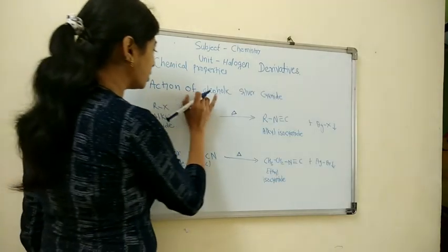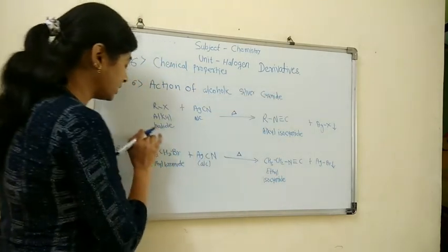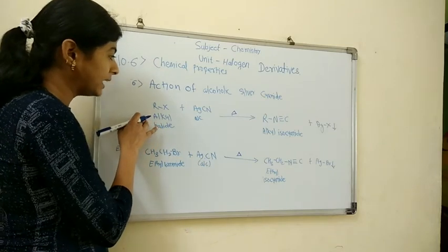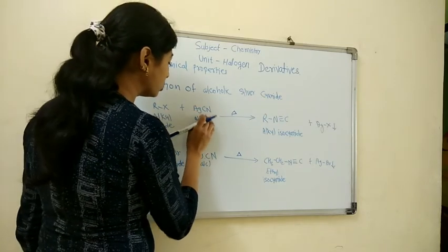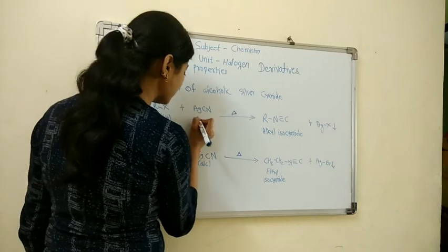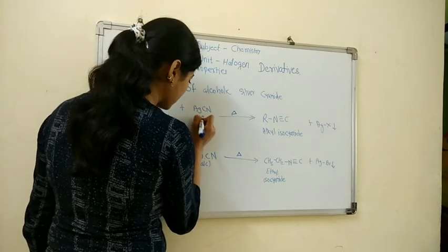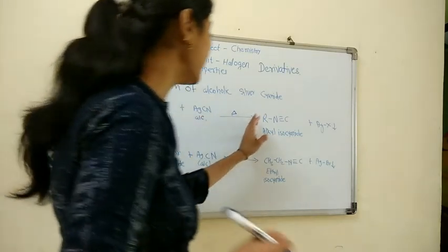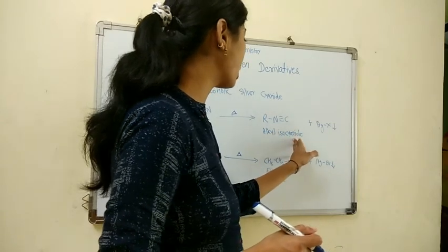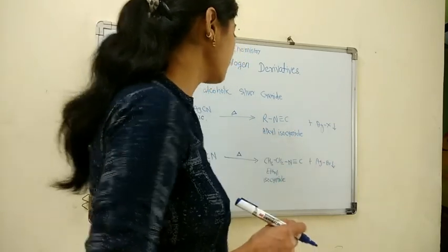Next is action of alcoholic silver cyanide. When alkyl halide is heated with alcoholic solution of silver cyanide, then alkyl isocyanide is formed plus AgX as a precipitate.